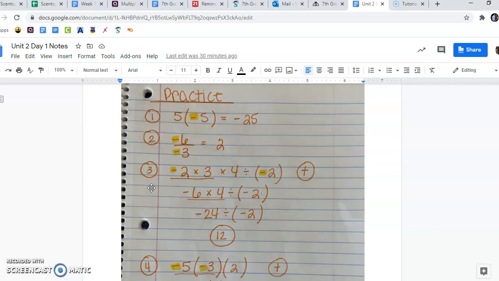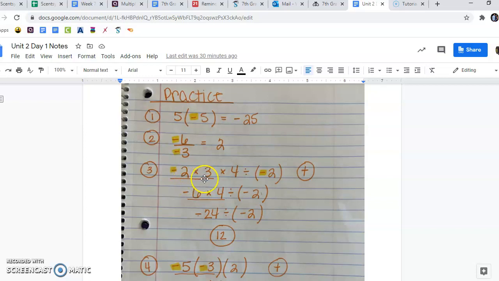Now, number 3, if you look at the problem right here, I showed the students that if we count our negatives, there's 1, 2, we know automatically our answer is going to be a positive. So at the very end, we just need to make sure we got a positive answer. So I also showed them that based on order of operations, or PEMDAS, please excuse my dear Aunt Sally, when we have multiplication or division, we work left to right.